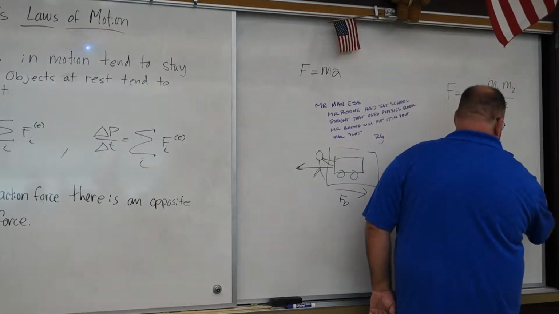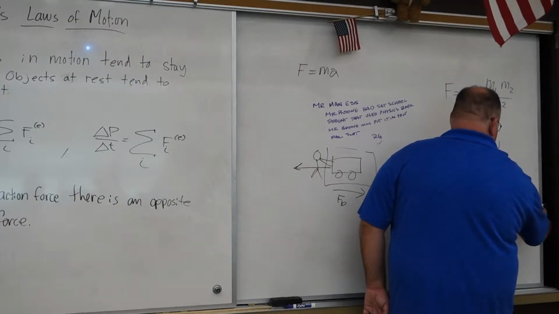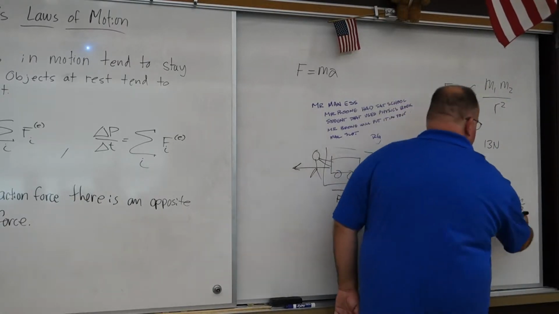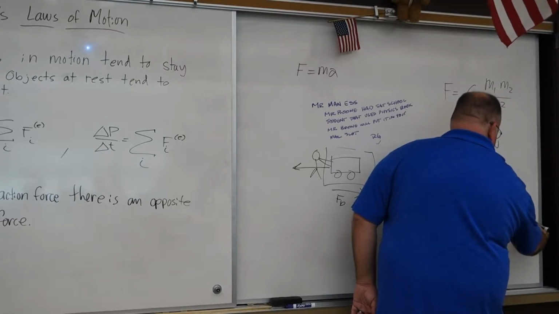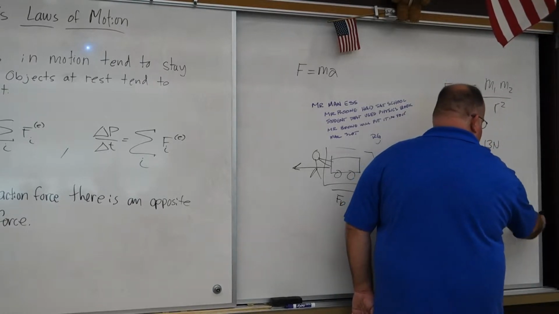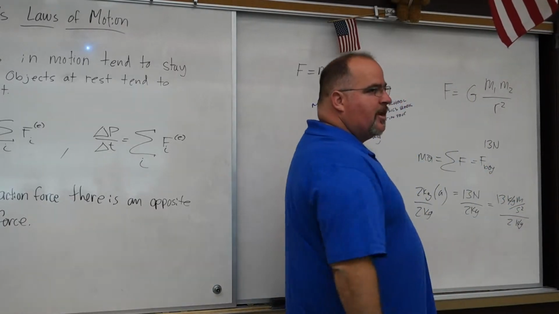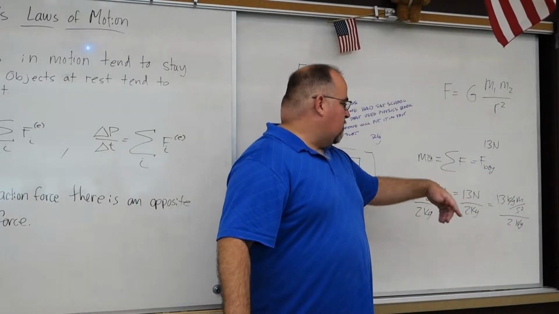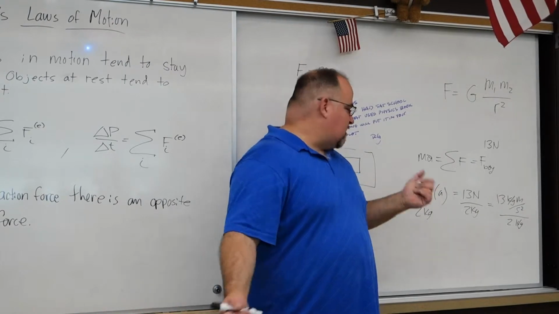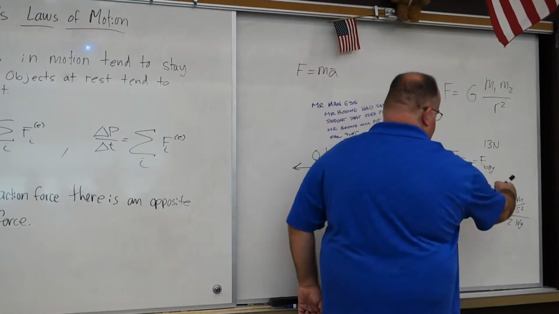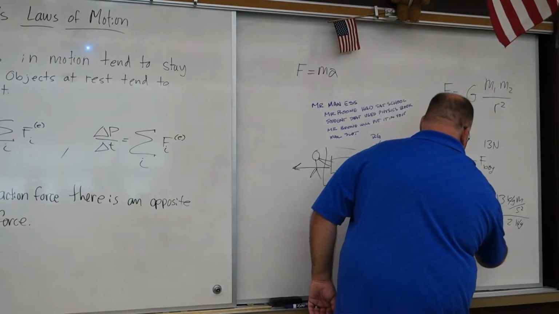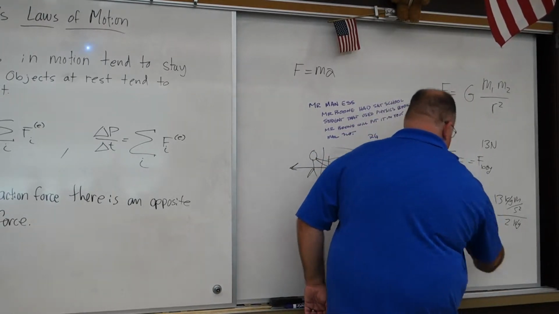That's kilogram meter per second squared divided by 2 kilograms. Now the kilograms cancel, and what are you left with? What kind of units are those? Meters per second squared, which is what? That makes sense. And this works. Now acceleration is going to be 6.5 meters per second squared. Real simple.